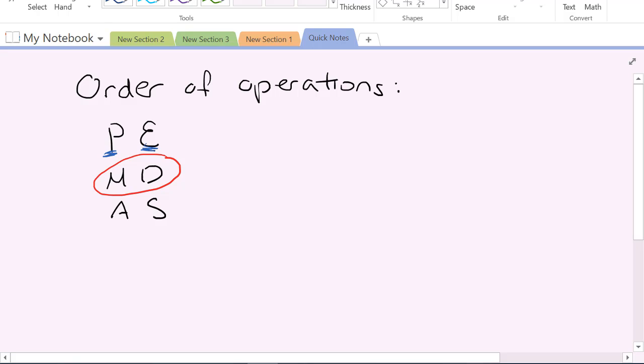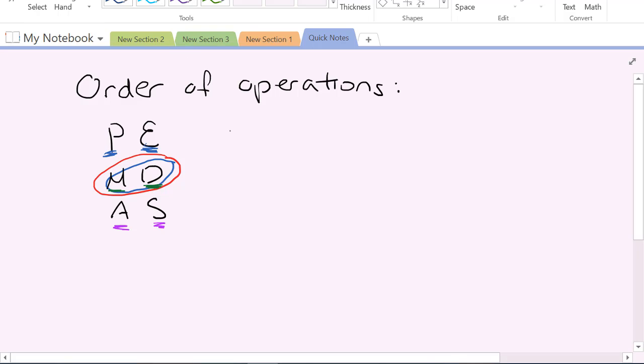E stands for exponents, so you do parentheses and then exponents. M stands for multiplication. D stands for division, but you do whichever one comes first. And then A stands for addition and subtraction, but you do whichever one comes first when they're next to each other. So let's take a look at multiplication and division first.